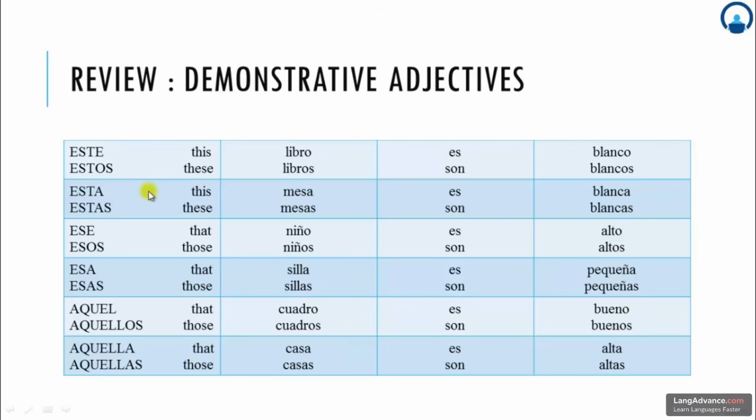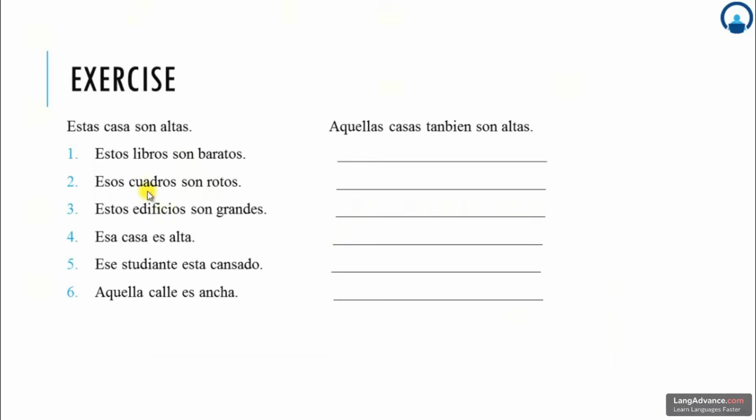So let's check how much you have understood with this table and this exercise. We'll solve an exercise over here which is depending on the demonstrative adjectives. So first let's see an example of how to solve this exercise.